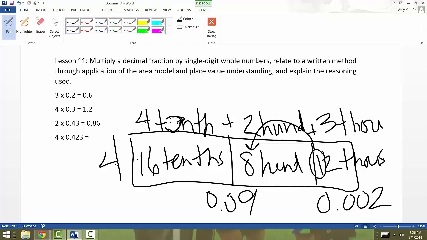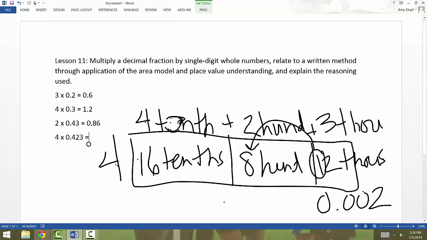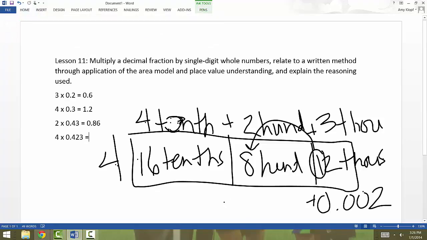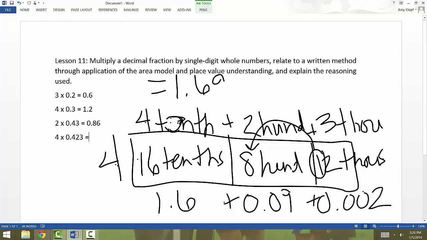Let me put it so that it's actually lined up. Same thing goes for the 16 tenths. We know 16 tenths is 1 and 6 tenths. If we were to add this up, we would get 1 and 692 thousandths.